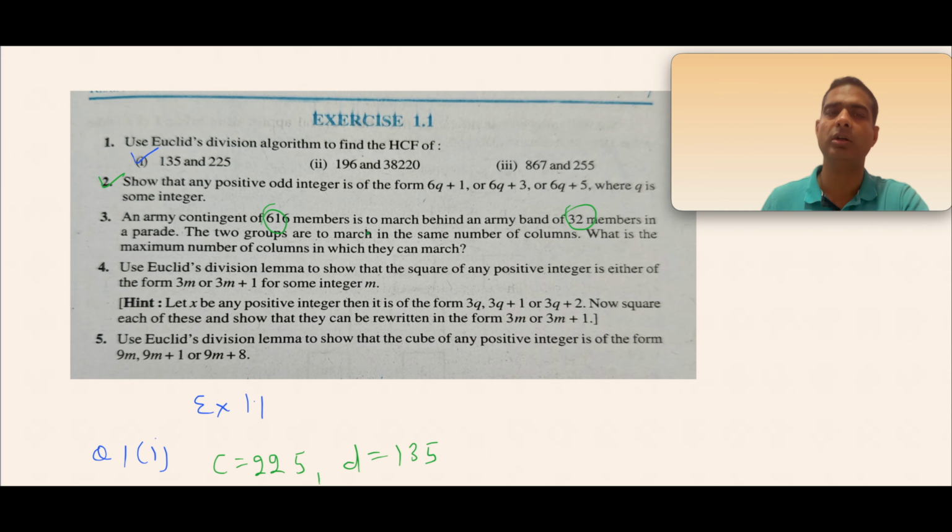Out of all the common divisors, it should be the largest, because then only we will get the maximum number of columns, and this number should be the same for both 616 and 32. So the maximum number of columns will be the HCF, the highest common factor, of 616 and 32.